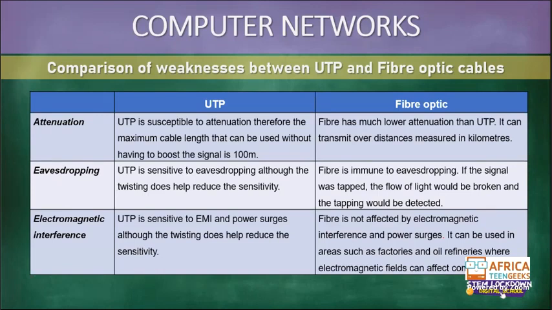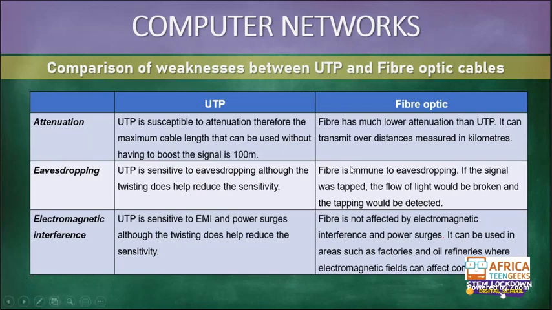And then eavesdropping, UTP is sensitive to eavesdropping, although the twisting does help reduce the sensitivity. That's why the cables are twisted and covered, to try to reduce the risk of eavesdropping, right? This is where someone can connect onto the wires and steal your data.